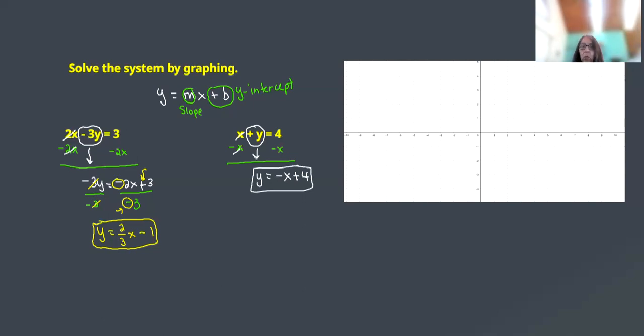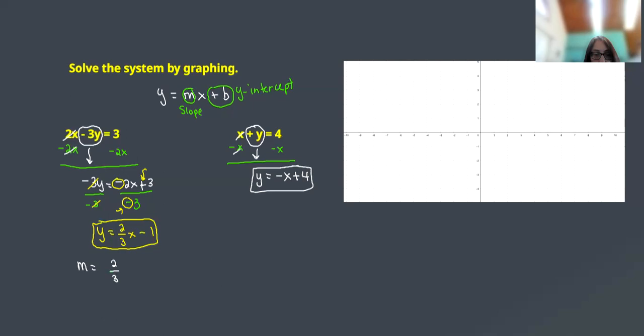And now that it's in y equals, we can go ahead and take a look at what we're going to use to solve this. So on the left side, I have 2/3 x minus 1. So let's take a look at what m is here. M is 2/3, which means it's positive.